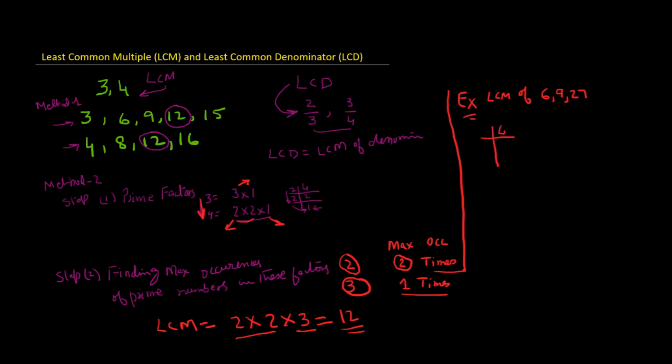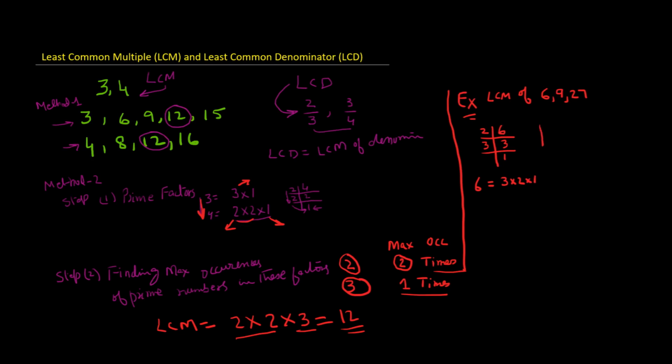So prime factors of 6: the minimum number divisible by 6 is 2, 3 times. Then the minimum number divisible by 3 is 3, 1 time. So the prime factors of 6 are 3 multiplied by 2 multiplied by 1 if you want.